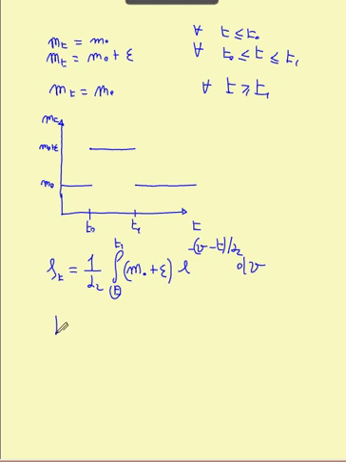So you have plus 1 over alpha 2, the integral between T1 and plus infinity of M0, which multiplies the discount factor, which is the same. And you have to solve these two integrals.